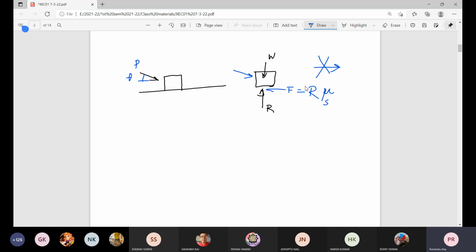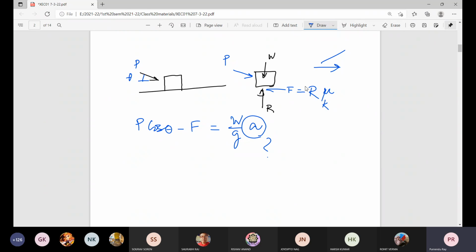If it is moving, then P cos theta is equal to mu R, mu k, and this P cos theta minus F, in the direction of movement, we have that mass multiplied by acceleration. So we determine the acceleration that way.